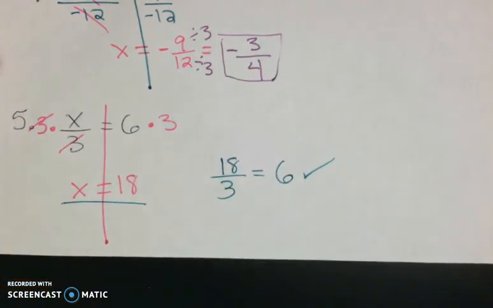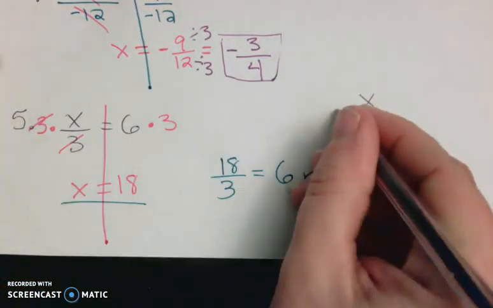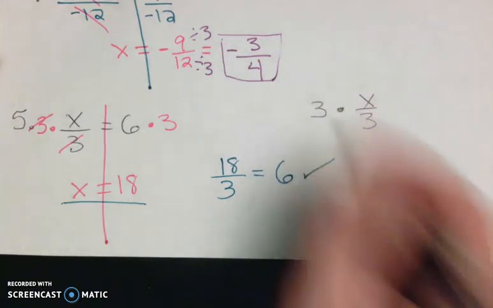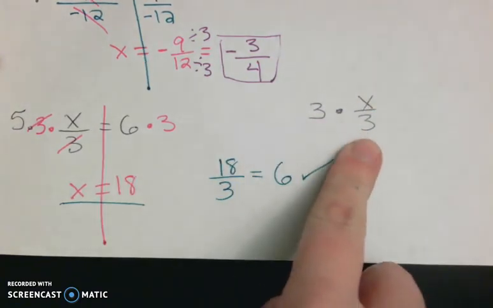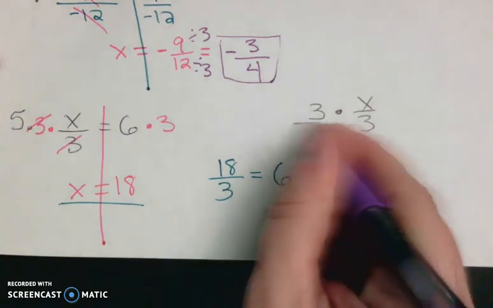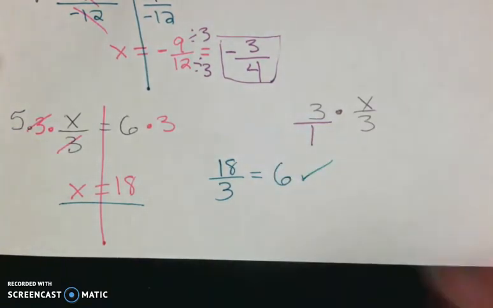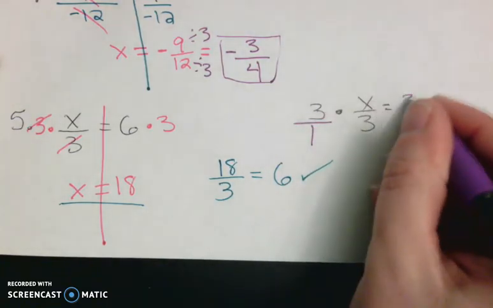Why do those cancel? So I have here x over 3. And what I'm doing is I'm times by 3. Okay, so think, when we have a whole number times a fraction, what do we do? We make this a fraction. We make this a fraction. And when you multiply fractions, you multiply the top. 3 times x is 3x.